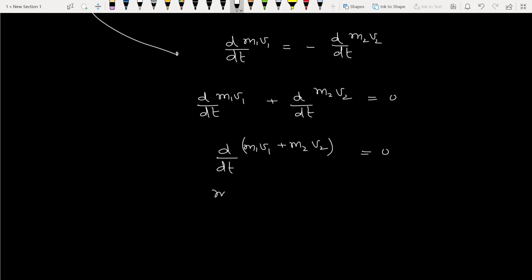So m1v1 plus m2v2 is constant, because the derivative of a constant is 0.